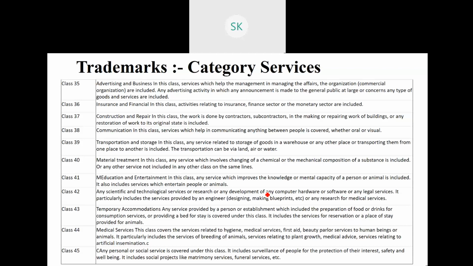We have also got a trademark or logo, which comes under class 45. It also includes surveillance for people for the protection of society or some personal also. This also includes matrimony services, marriage bureaus, or funeral services. Then all the classes are finished here.